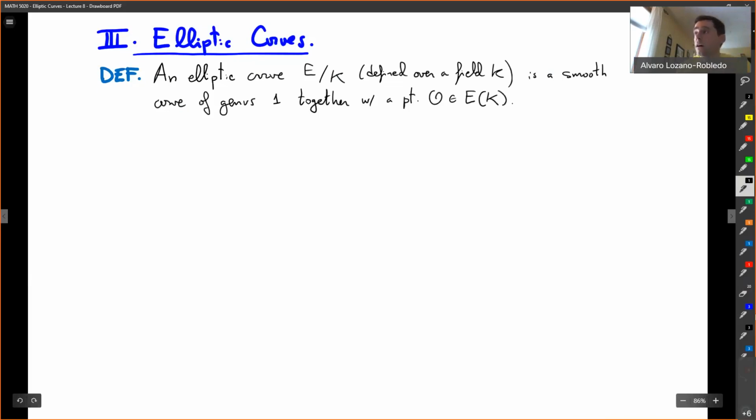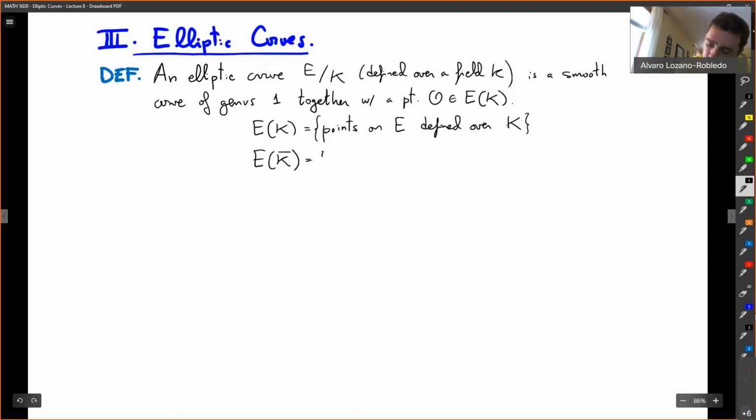So E(K) is the set of points on E that are defined over K, as opposed to E(K bar), which would be the points on E defined over the algebraic closure of K.